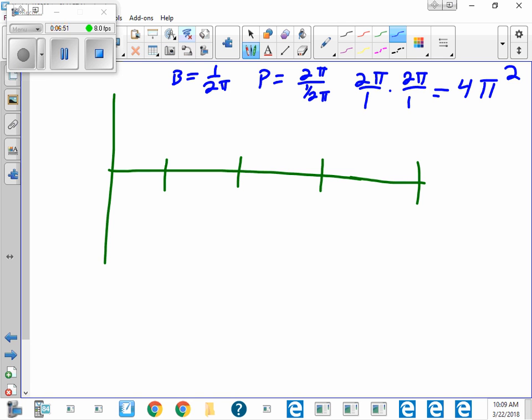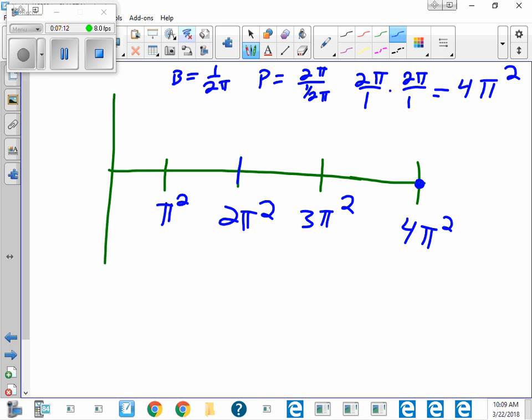So that is the end. 4 pi squared. So what would the middle be? 2 pi squared, and then pi squared, and then 3 pi squared. Does that make sense?